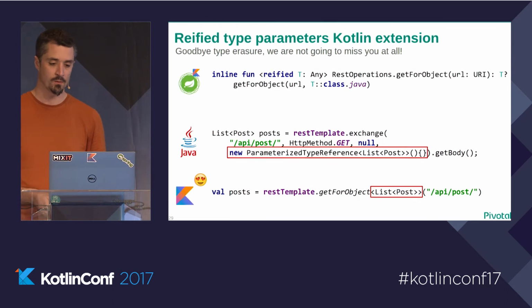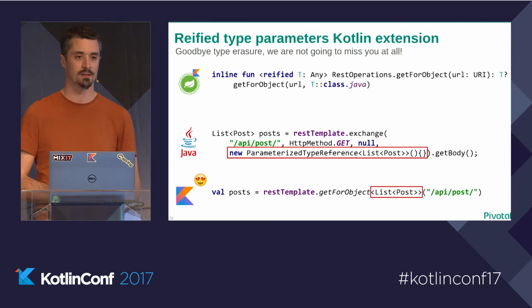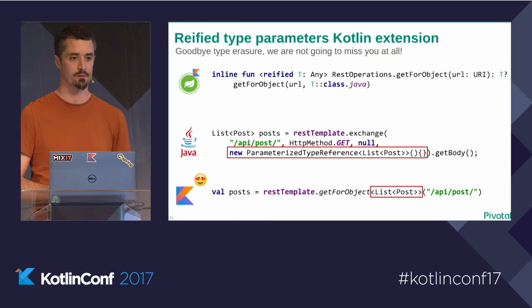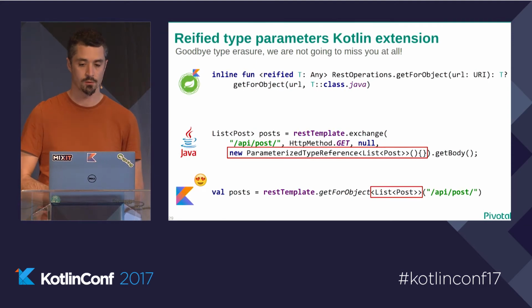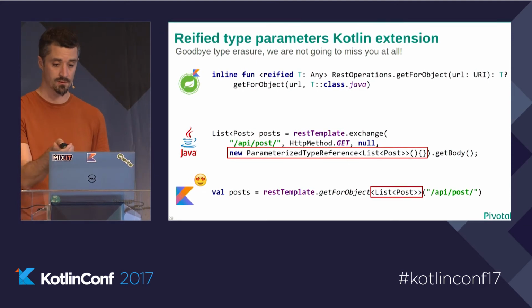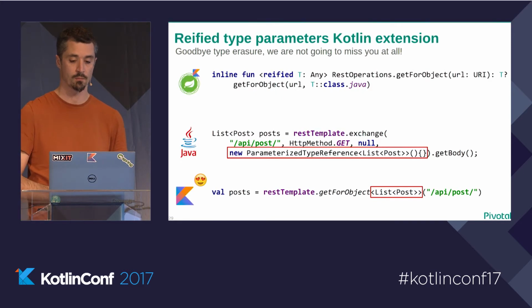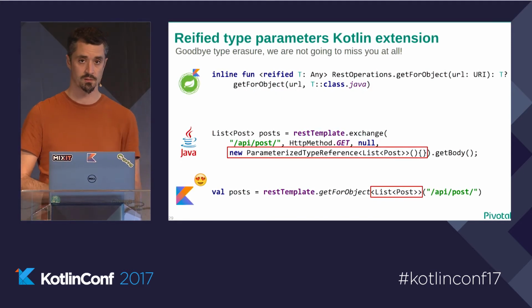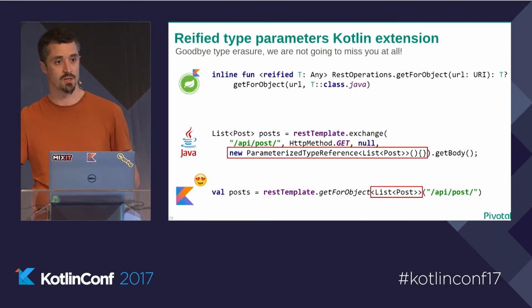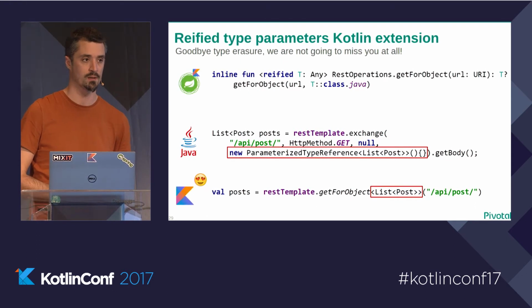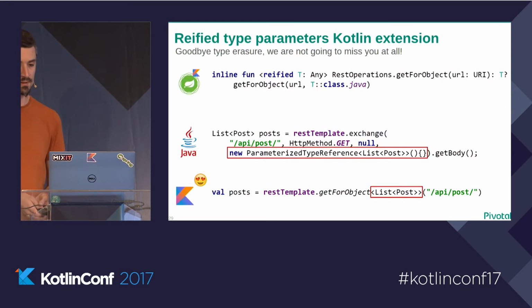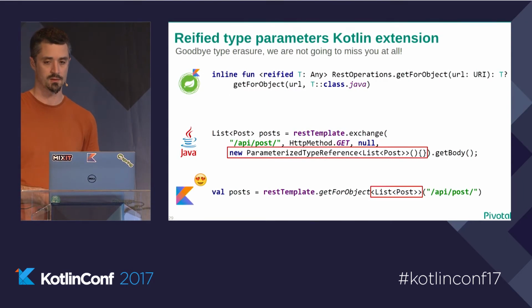And with Kotlin, since we can get generic type parameters at runtime, we have been able to leverage that with this little extension to make it possible to just write REST template.get for project. You specify as many nested generic levels as you want, and that's all taken into account. I guess it's much better.